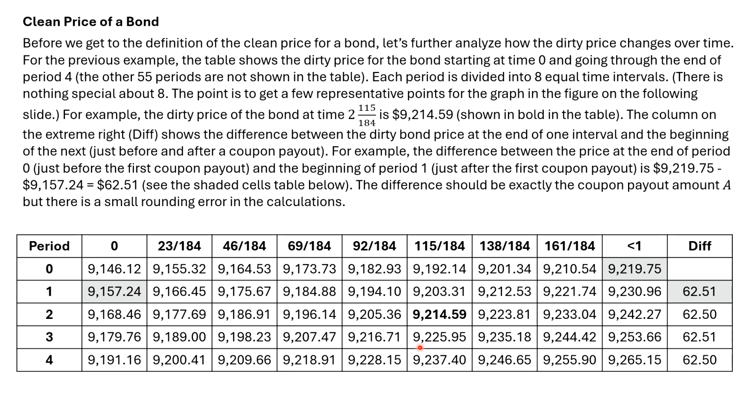So this is actually a dirty bond value chart. If you look at the first period, this is how much the bond would sell for after this fraction of 184 days. So 23, then 46, 69, and so forth.